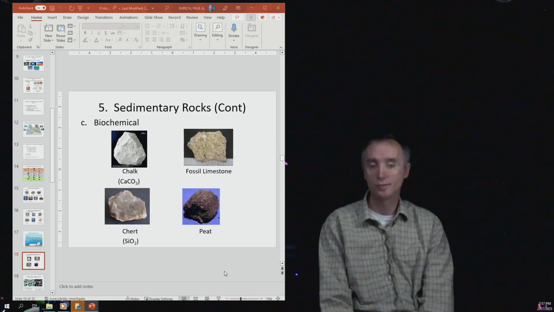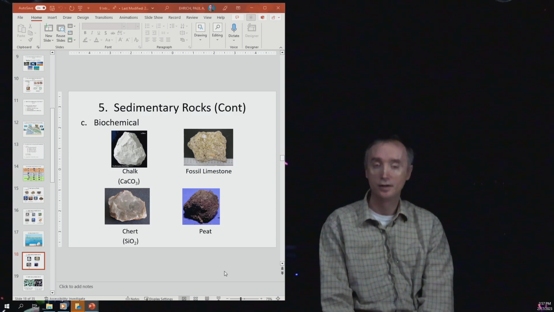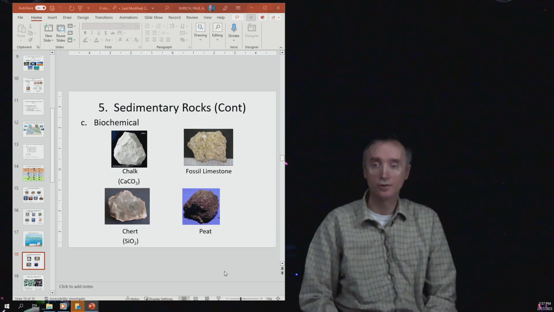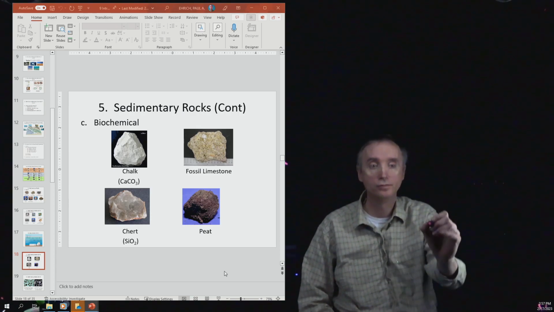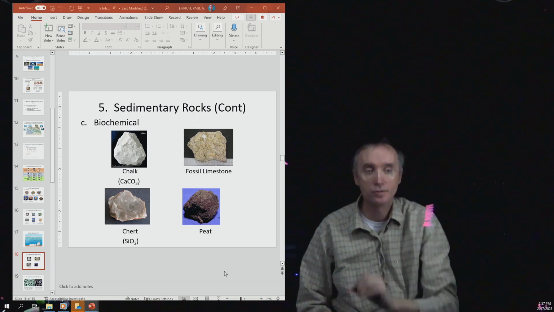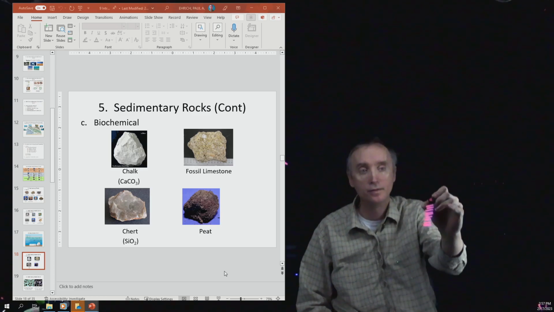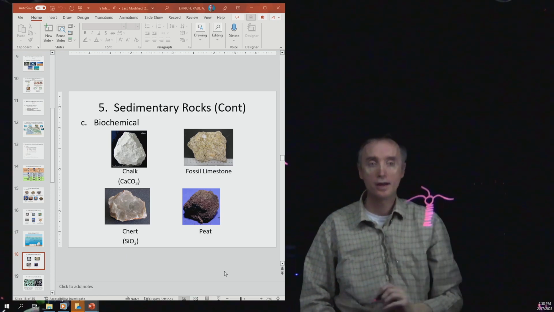But fossil limestone can have other things in it. So around here in the state of Missouri, we have what's known as crinoids. Crinoids were animals that lived millions of years ago, and they had a stalk composed of calcium carbonate, and then a head, and then tentacles that would come out of the head like that.